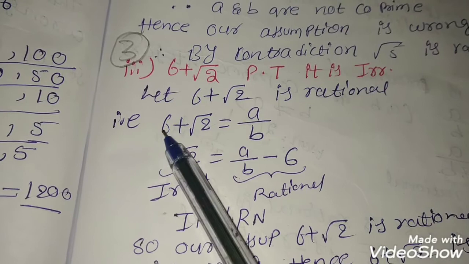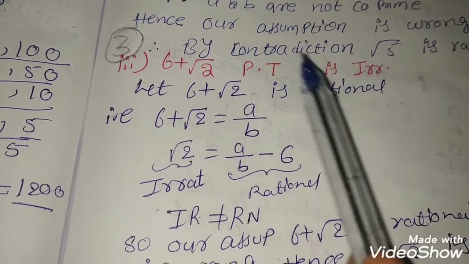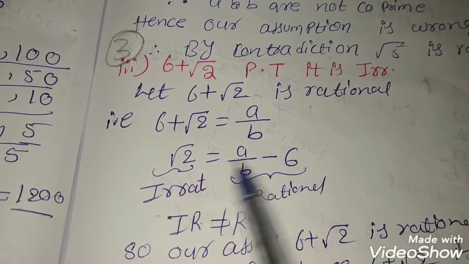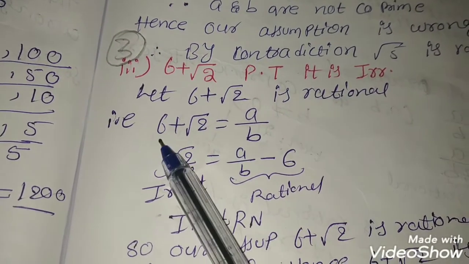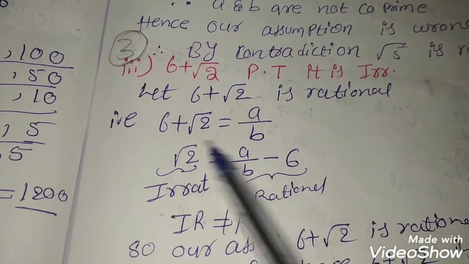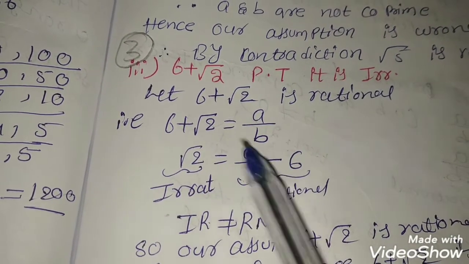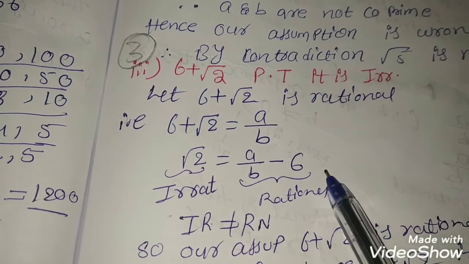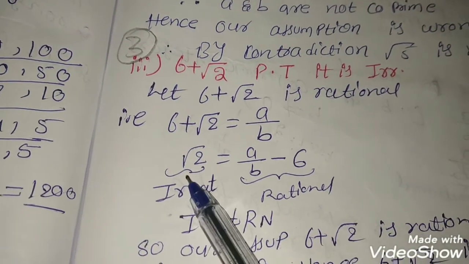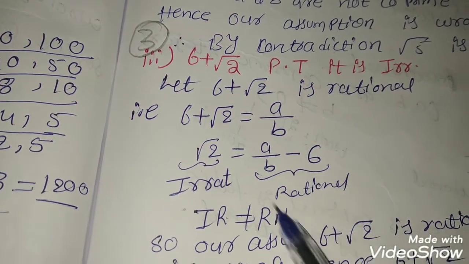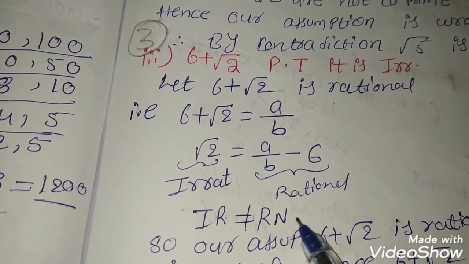And 6 we have to send to the right side. What will we get here? If we send plus 6 to the right side, then we get minus 6, right? Root 2 is equal to a by b minus 6. So here root 2 is an irrational number and a by b minus 6 is a rational number. Is it right?